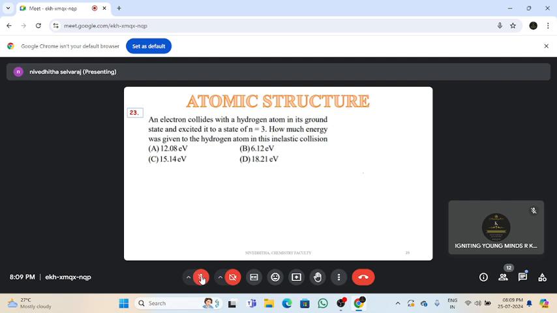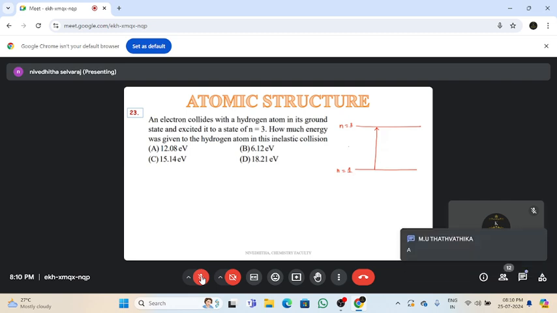So initially the electron was in the ground state, right? n is equal to 1. And now this electron is getting excited to n is equal to 3. So we have to find how much energy should be supplied to this electron to get excited from the first state to the third state.